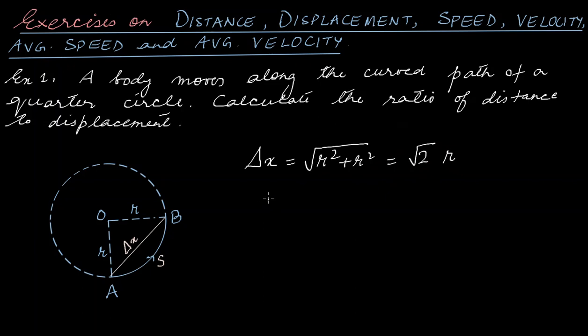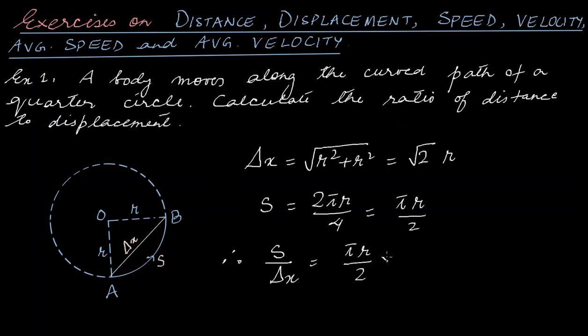Whereas the distance here is this part. Isn't it one fourth of the perimeter of the circle? The perimeter is 2 pi r, divided by 4, so you have pi r by 2. Therefore the ratio of distance to displacement, that means s by delta x, is pi r by 2 into 1 by root 2 r.